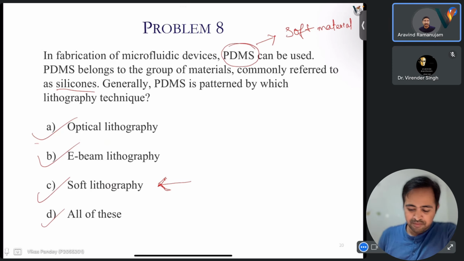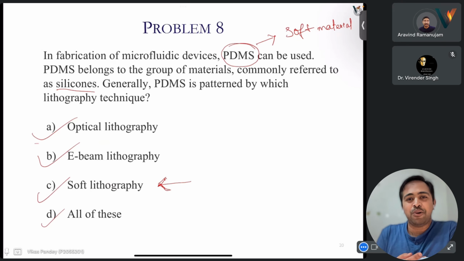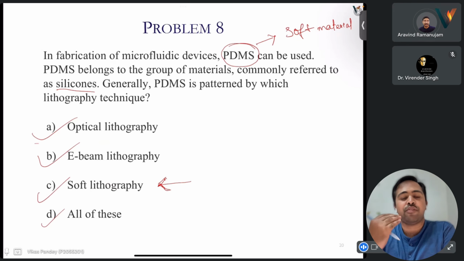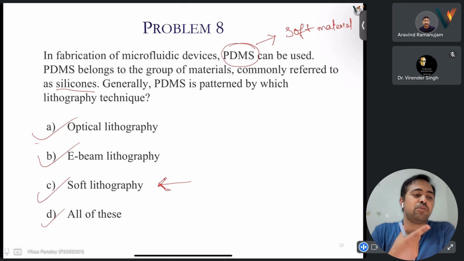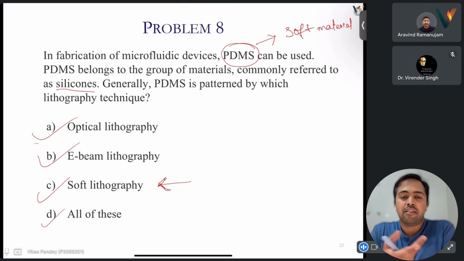In the class, sir also told us it will be deposited using soft lithography. The answer is correct. But how is it different from a normal lithography process? Is it just that we are using some other kind of light source, or what is the difference?